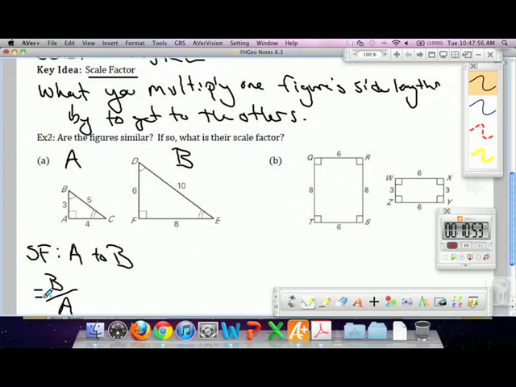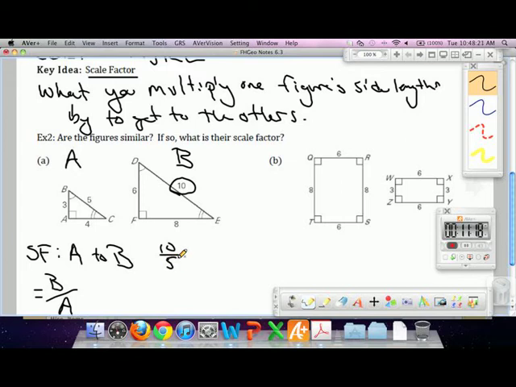That makes sense. So for example, I want to know what the scale factor is to go from triangle A to triangle B. I'll pick a part in B and divide it by its corresponding part in A. For example, I could pick say 10 to its corresponding part in the first figure, which is 5.